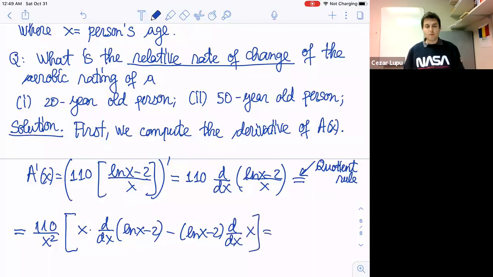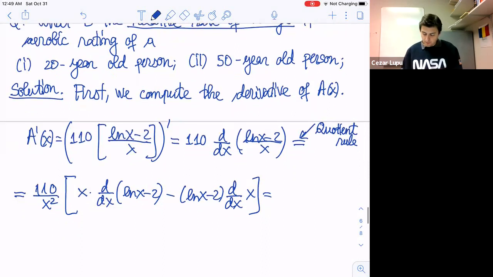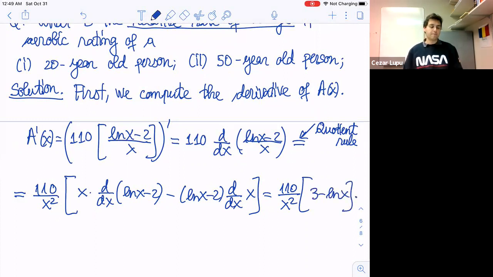Anyway, I'm just going to write it directly. So that would be 1 over x times x, which is 1, 1 minus 1. So this would be 110 over x squared times, I'm just going ahead with the algebra, but I'm sure you can do it, 3 minus ln of x, right? So that's the derivative of the function.